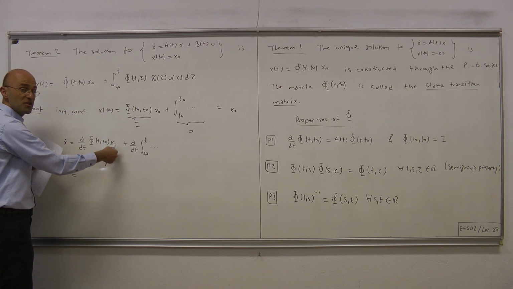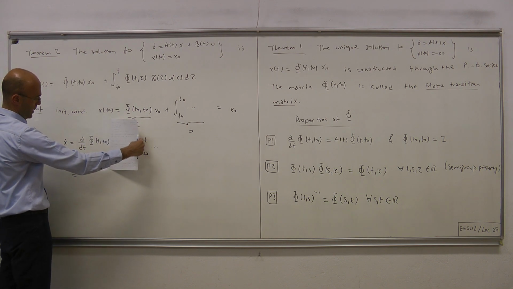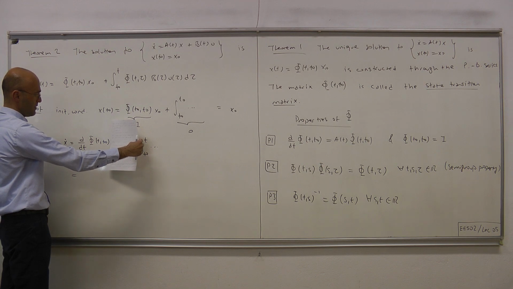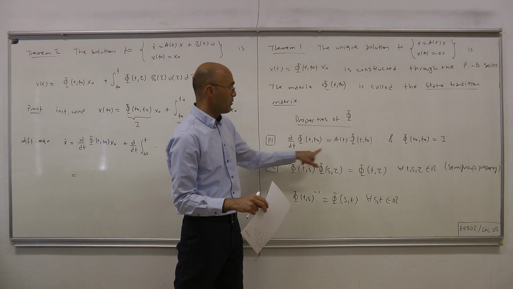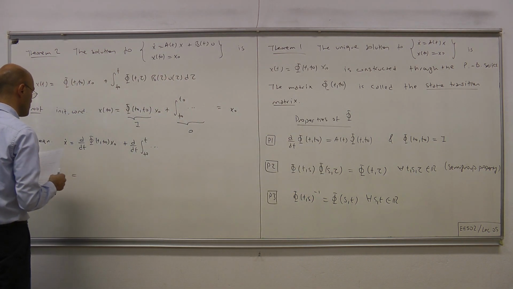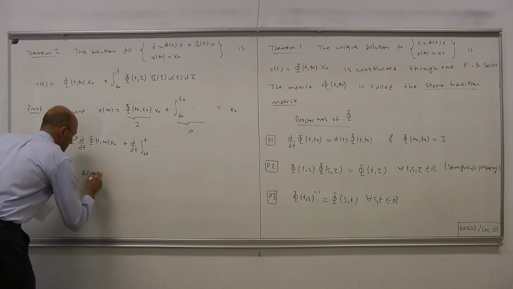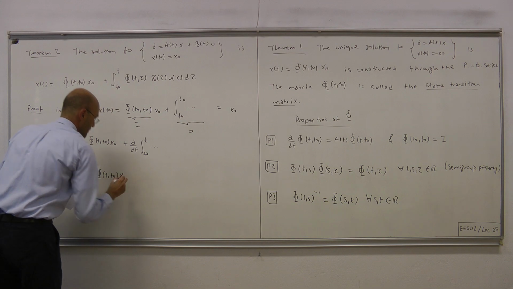And what we have is the following. First of all, this is a constant vector. Therefore, to compute this derivative, all we have to look at is d over dt of phi. And that, from the property P1, is A(t) times phi. So what we have here is A(t) times phi(t,t0) times x0.